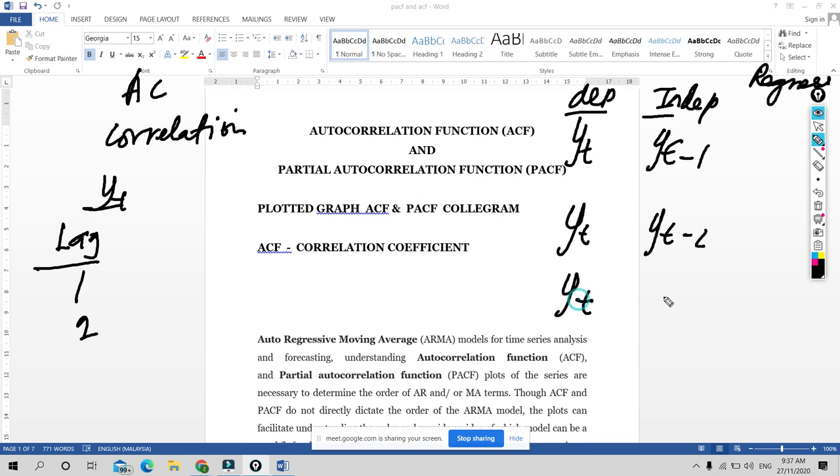These are what I call the correlation between these two variables, dependent and independent variable, known as the autocorrelation function.